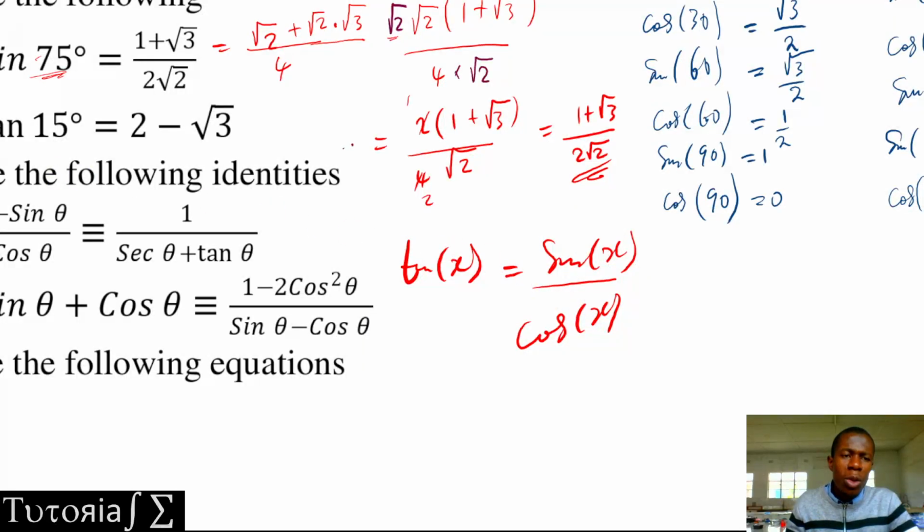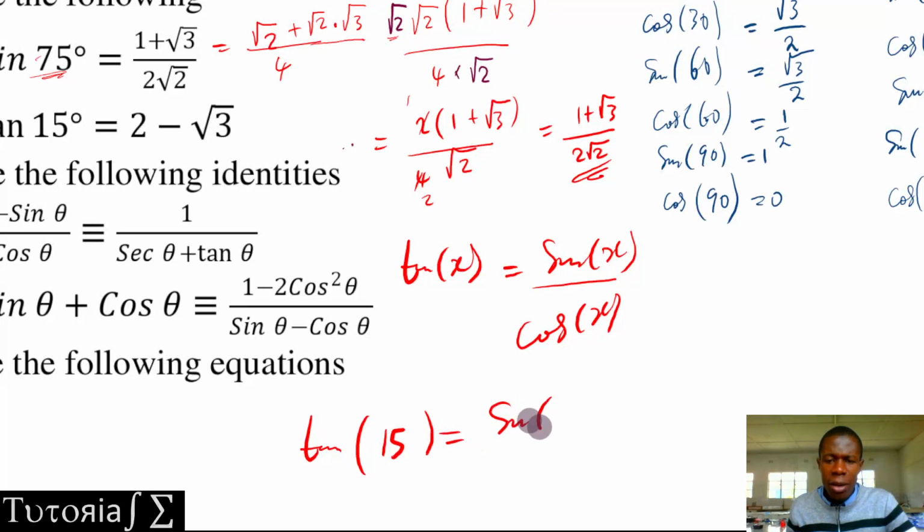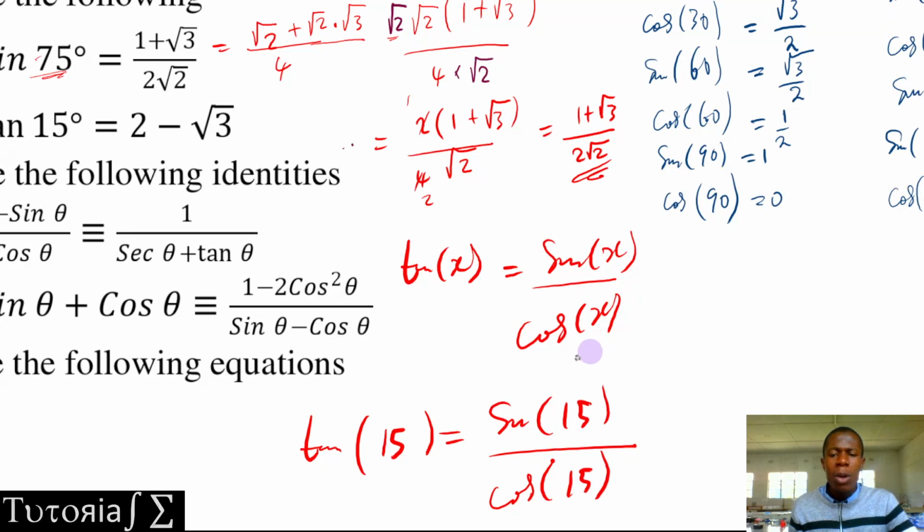Now in this case we have tan of 15. So tan of 15 will be equal to sine 15 over cos 15. Now what we're going to do is find this one separately and this one separately, then replace their answers here and simplify, and hopefully it should give you this here.